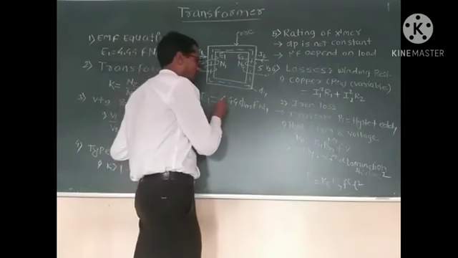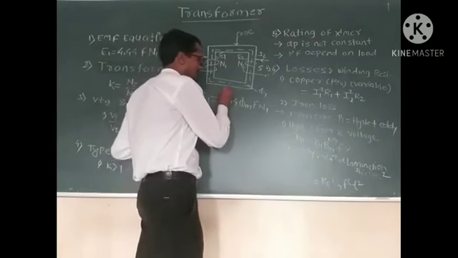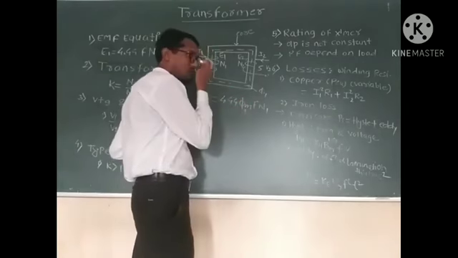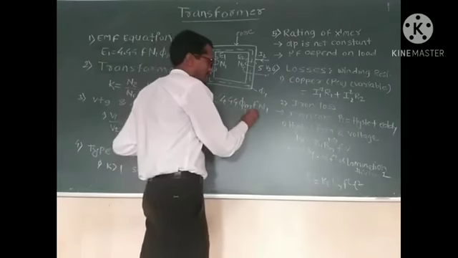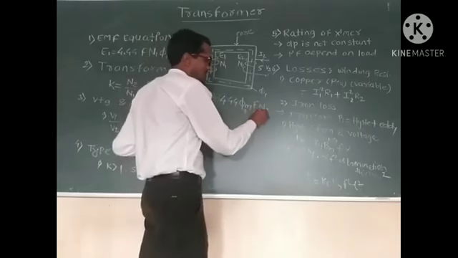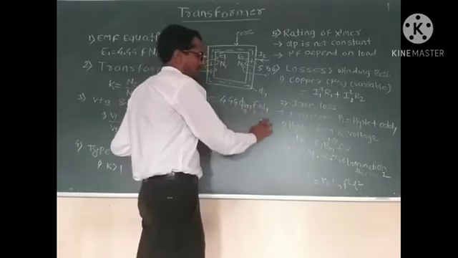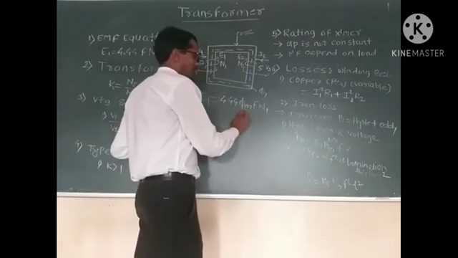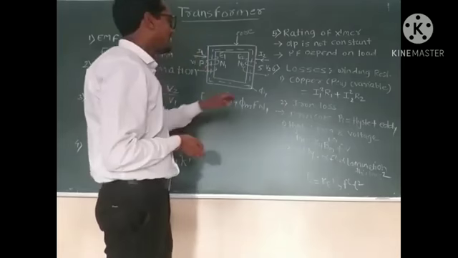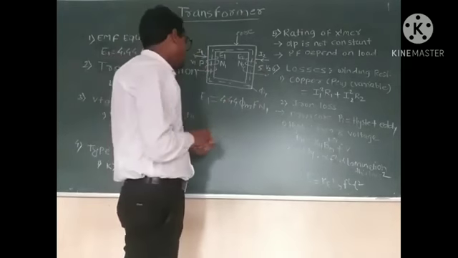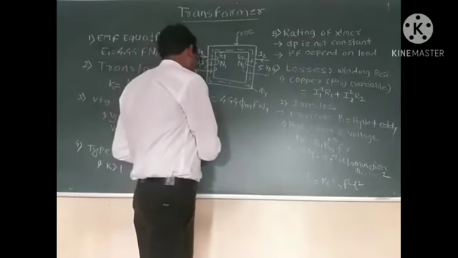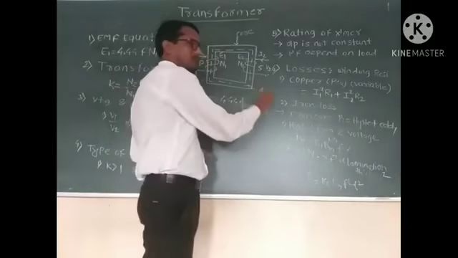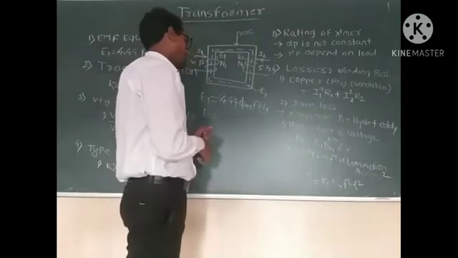Here 4.44 is a constant form factor term, phi m is the maximum flux produced by the winding, f is the supply frequency, and N1 is the number of turns of the primary winding. On the other side of the winding, we have N2. So the induced EMF for the secondary winding only changes in the number of turns.